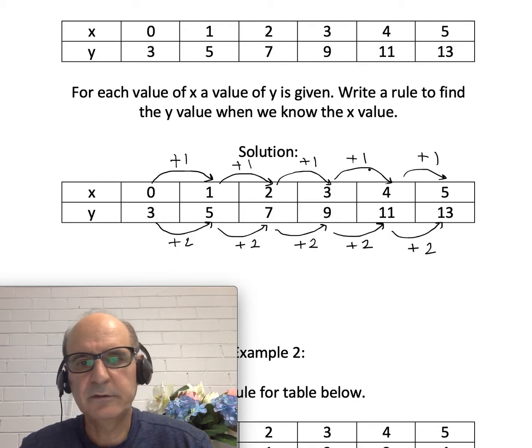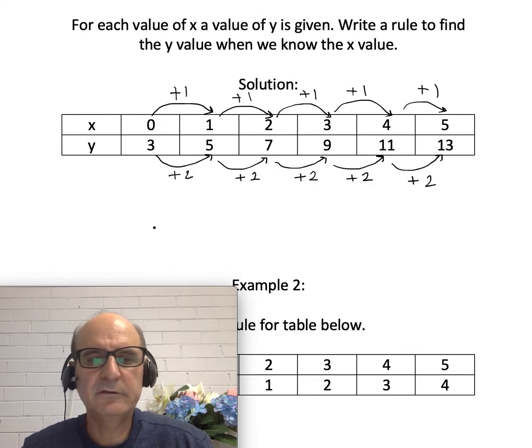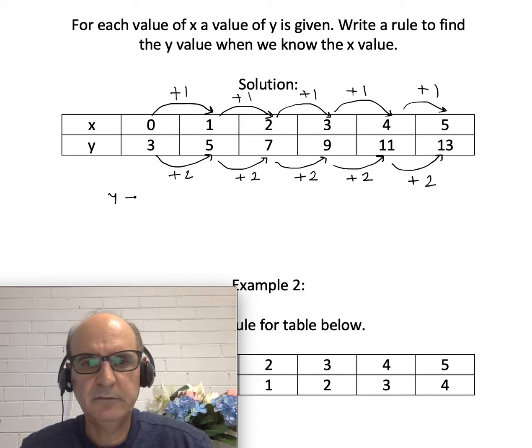Now these numbers 1 and these numbers 2 are very important for us, because our rule is going to be like this: y equal to the amount by which y is going up, which is 2, so we write 2, times the other variable, which is x, then plus a value.